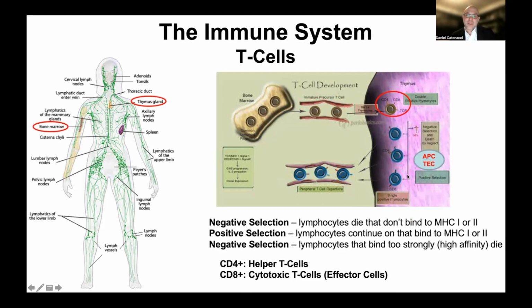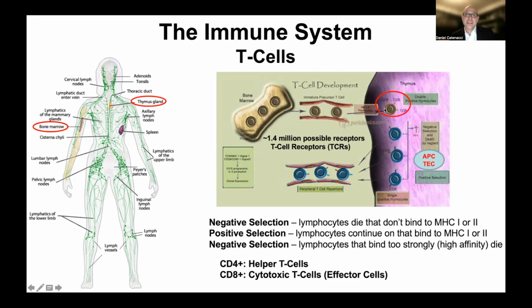Now, the way that this works is that there's a specific antigen presenting cell in the thymus called a thymic epithelial cell. And this cell will help to select for T cells that have these properties. One thing that I'm going to show you is that these immature precursor T cells, through a really fascinating mechanism, have millions of possible receptors.